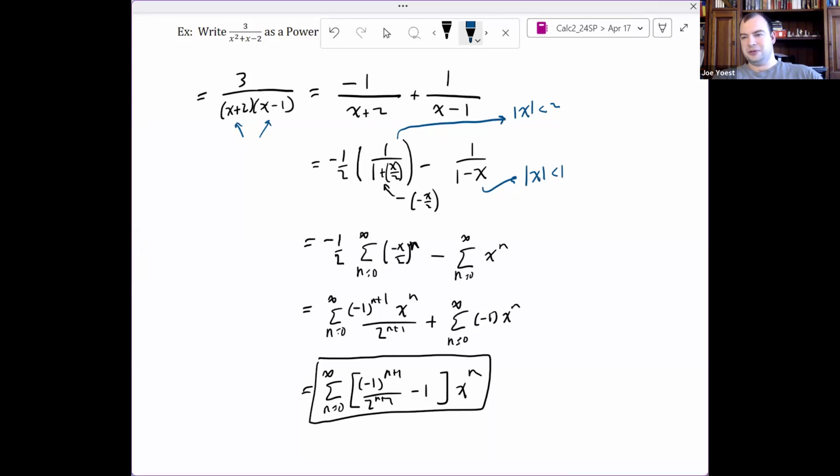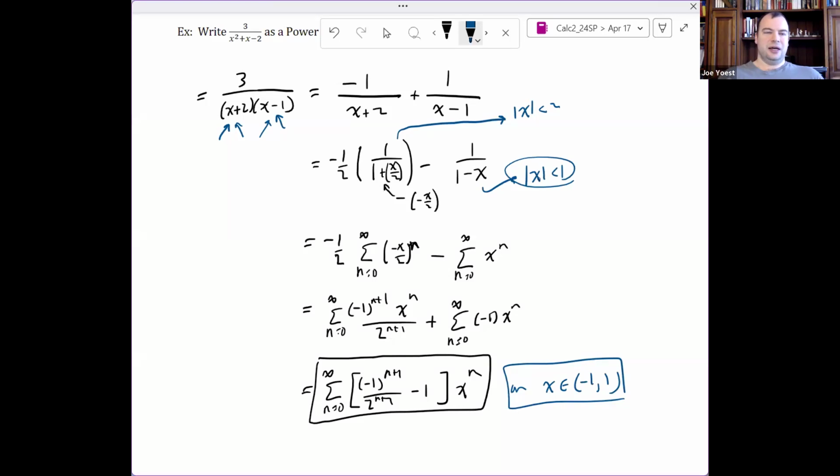The more restrictive is absolute x less than 1. So my interval of convergence is open minus 1 to 1. This does make sense. This is a series centered at 0. I run into a problem at plus 1 and minus 2, so I don't really have any hope of converging outside of minus 1 to 1.